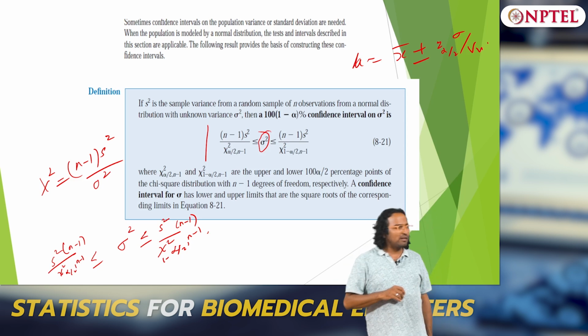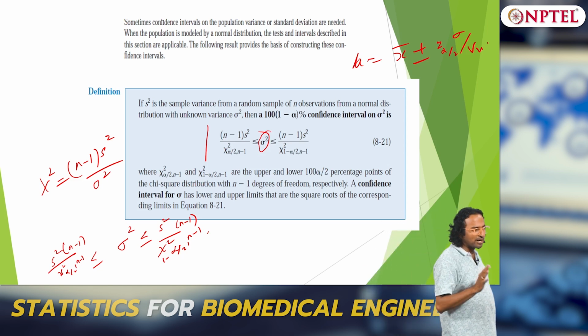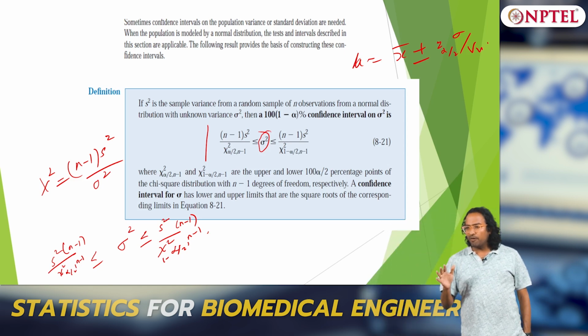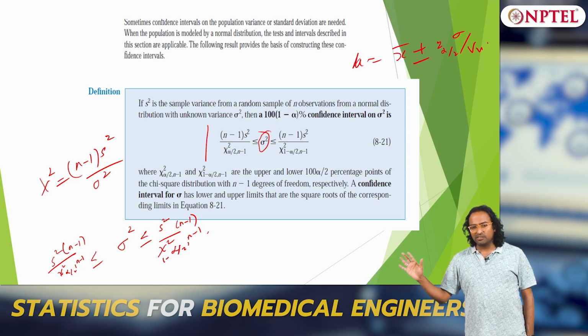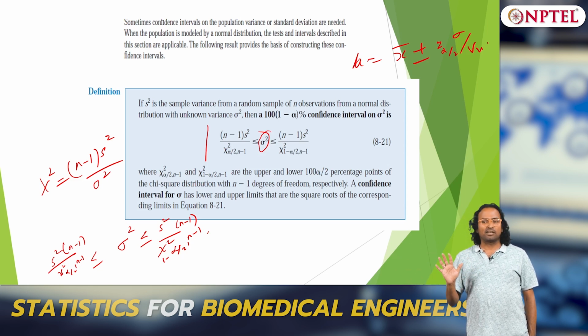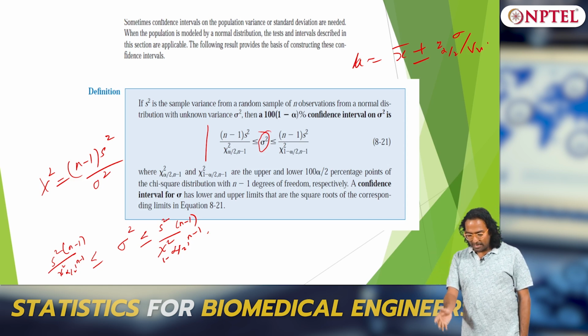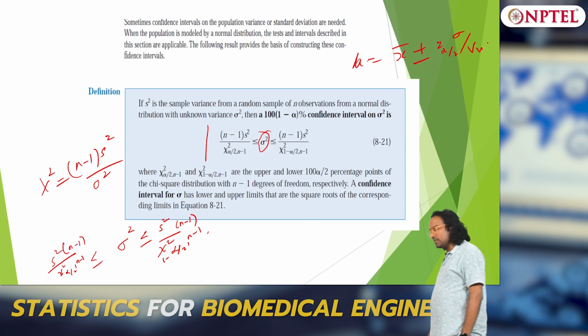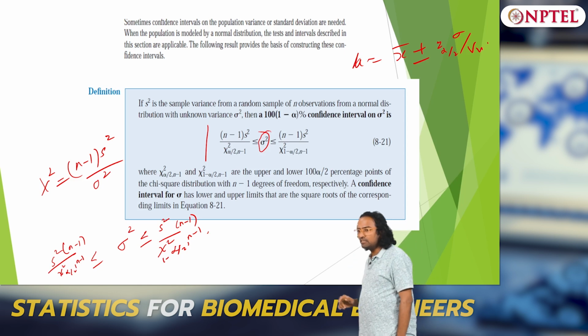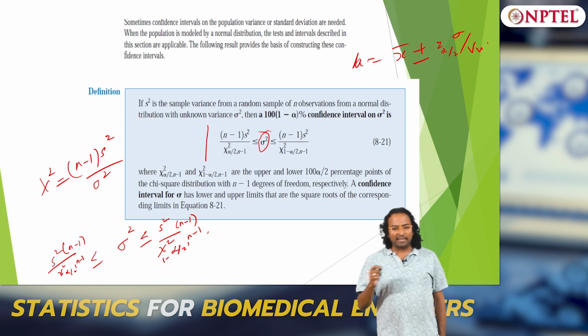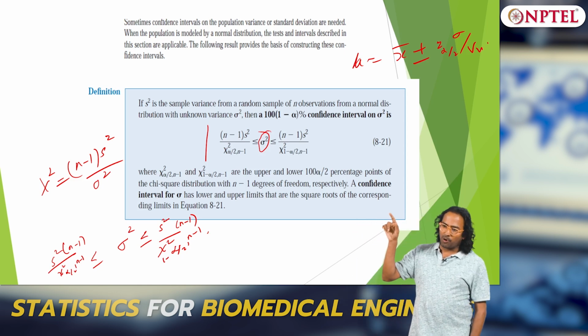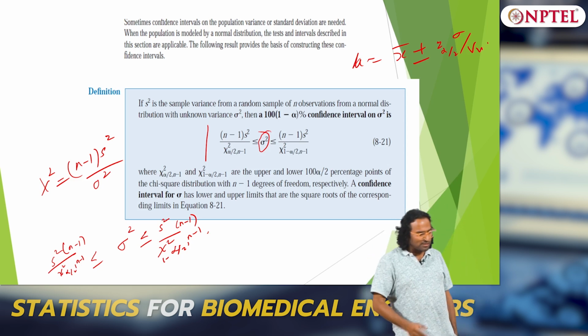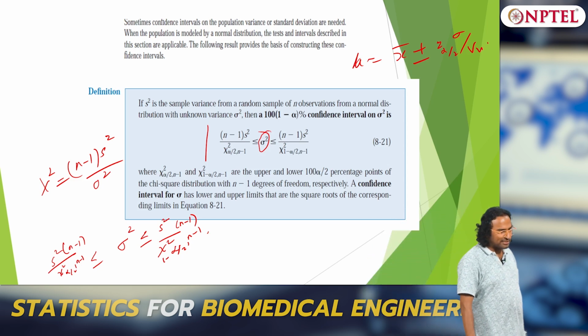What did we learn? Sums of squared normal random variables follow the chi-square distribution. So the sampling distribution of S squared is chi-squared, under the assumption that the population is normal.